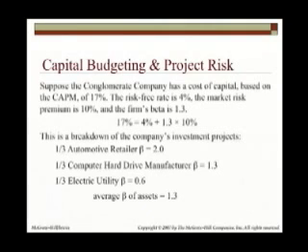The hard drive manufacturer has a beta of 1.3, and the electric utility has a beta of 0.6. Now the weighted average beta, sure enough, 1/3 of 2 plus 1/3 of 1.3 plus 1/3 of 0.6 is 1.3. So that's where the average beta of the firm came from. It's the weighted average of each of the business segments.